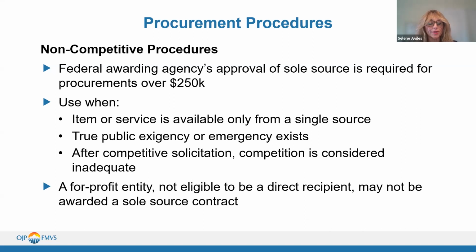Number two, the agency has previously worked with the supplier and has a proven track record of successful performance. And number three, procurement is time sensitive and competitive bidding will cause delays that will be detrimental to the agency's mission and objectives.